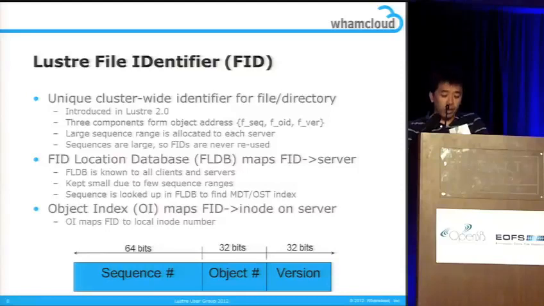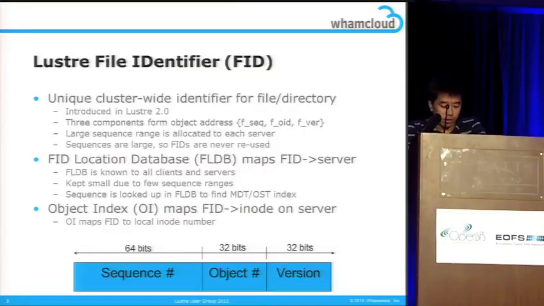But when you have multiple MDTs, you cannot do that anymore. So we use the FID to identify objects over the cluster, and the FID has 3 components: the sequence, OID, and version. The sequence is 64 bits, and OID and version are 32 bits.